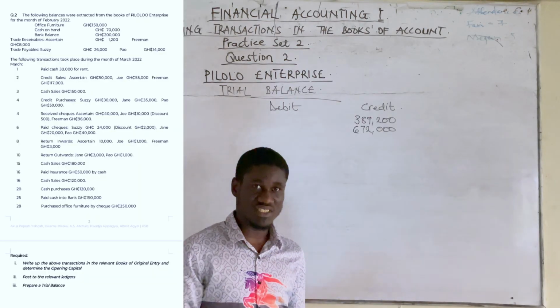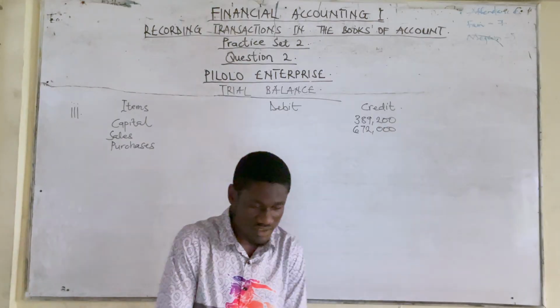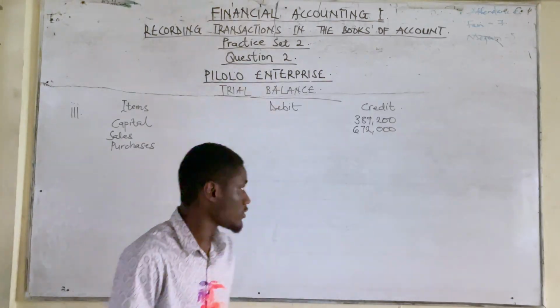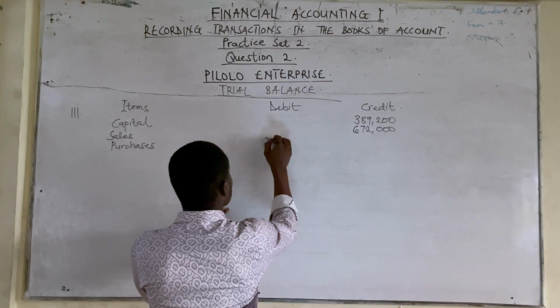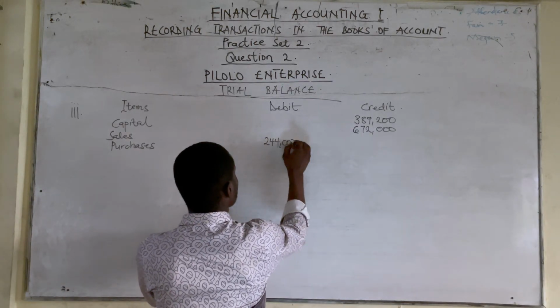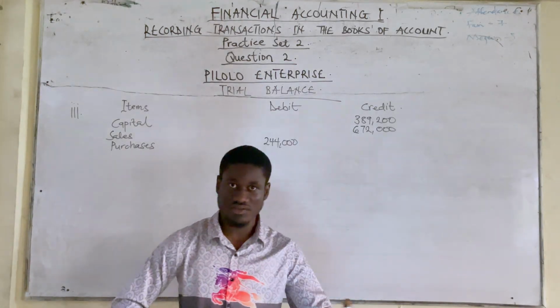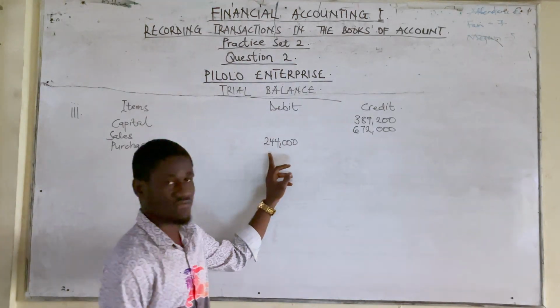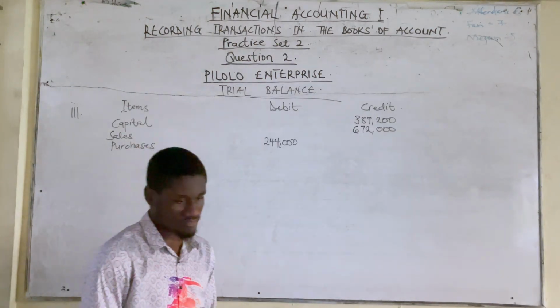And the balance BD was found on the credit side. Then we have purchases, 244,000. The cash purchases and the credit purchases, we have 244,000, and the balance was found at the debit side.